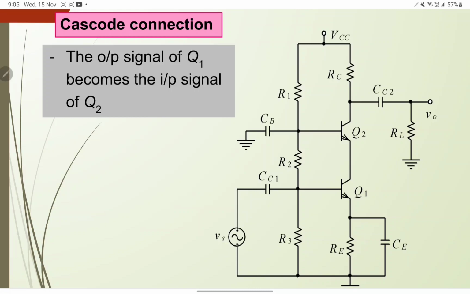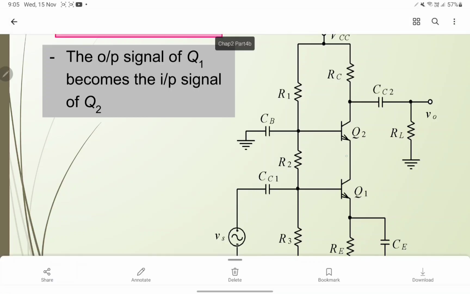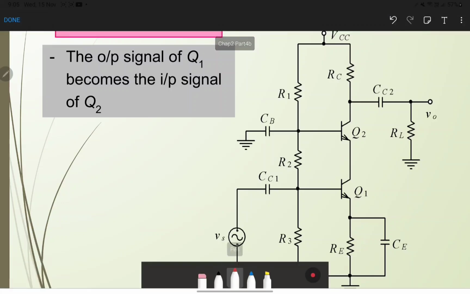The output signal of Q1 at the collector leg of transistor 1 becomes an input signal for Q2, or transistor 2, where this signal will influence the base and collector current for transistor 2.